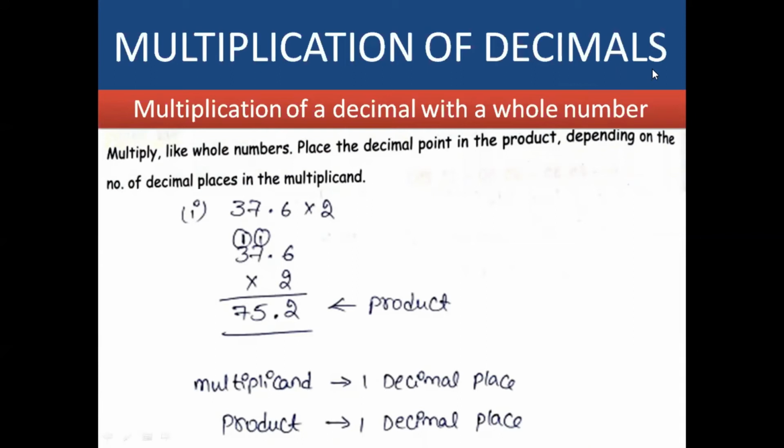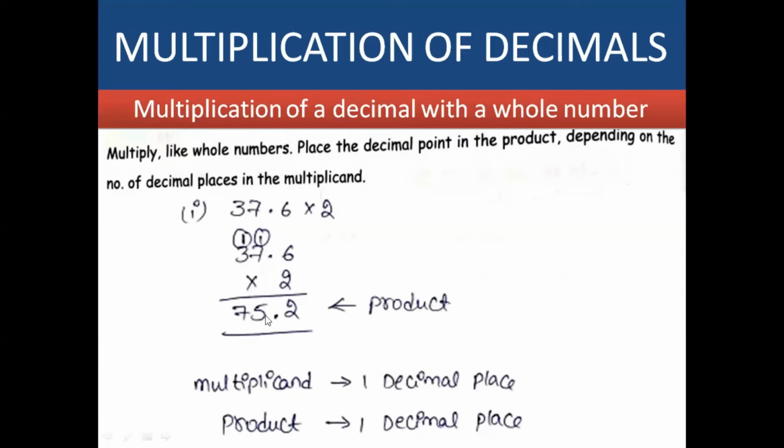Multiplication of decimals. Multiplication of a decimal with a whole number. See here, 37.6 into 2. 2 6s are 12. 7 2s are 14. 14 plus 1, 15. 2 3s are 6. 6 plus 1, 7. 75.2.